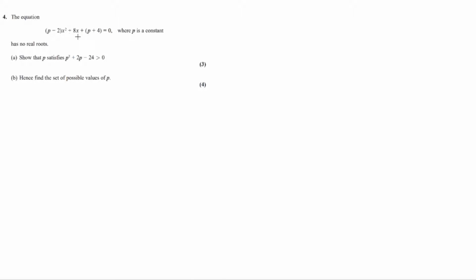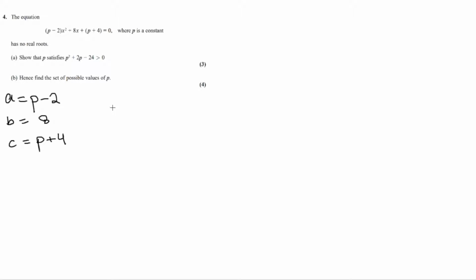This is a quadratic equation because it has an x squared term, an x term, and a constant. The first term, written with x squared, is often referred to as a. Here it is p minus 2, so a is equal to p minus 2. b is 8, and c is p plus 4.